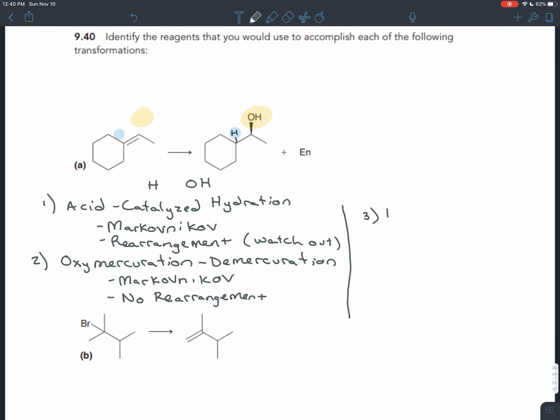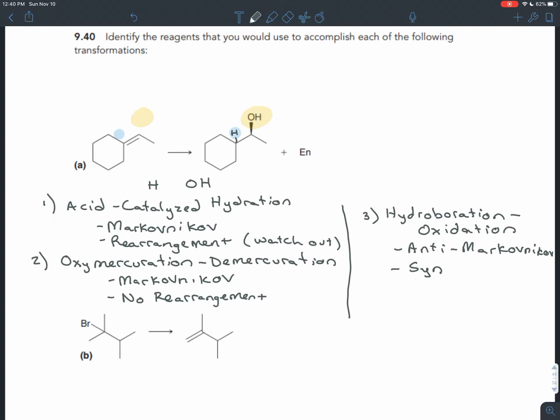The third way is hydroboration oxidation. And that recipe will add the H and the OH anti-Markovnikov. That means that's the only way you can add an H and an OH anti-Markovnikov. That means that the H will go to the more substituted carbon. And the other thing you want to remember about that is it's syn addition. And you don't have to worry about rearrangement there.